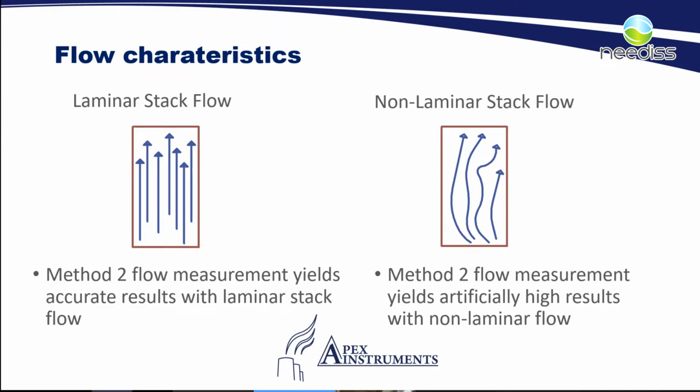The gas is flowing directly up, parallel, side by side to the walls of the stack, and therefore the S-type pitot, once placed into that flow, is in direct alignment with the flow of the stack. The bottom of the S-type pitot, the impact point, is hitting directly into the flow. And in these situations, we can get a fairly accurate flow measurement using an S-type pitot.